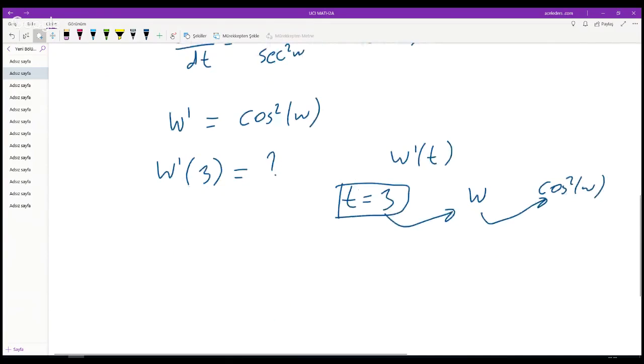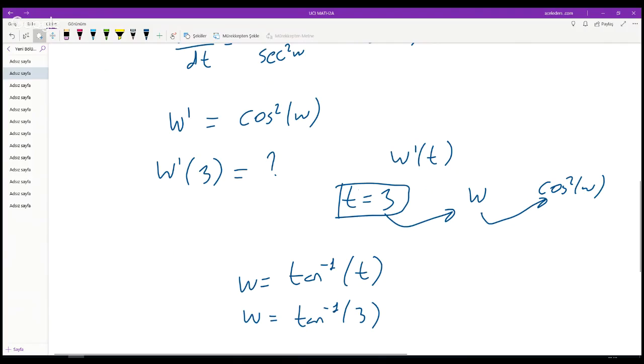But I need something like w is tangent inverse t. So therefore, I need to find now tangent inverse 3. So this is another obstacle in this question. I don't know the inverse tangent of 3 by heart, when tangent is 3.